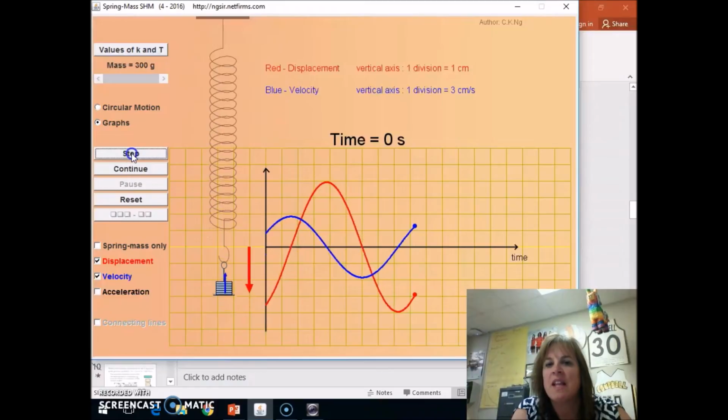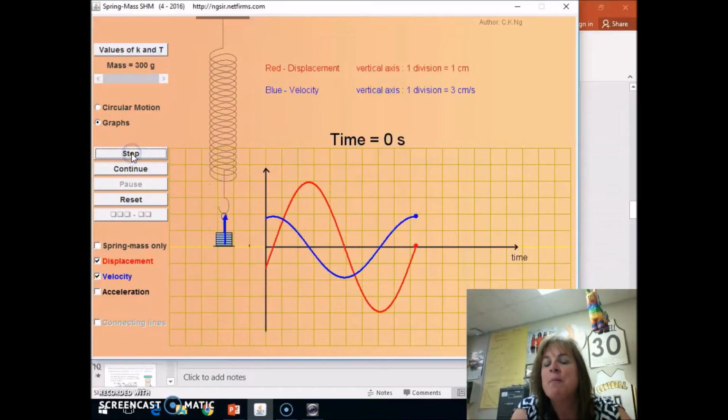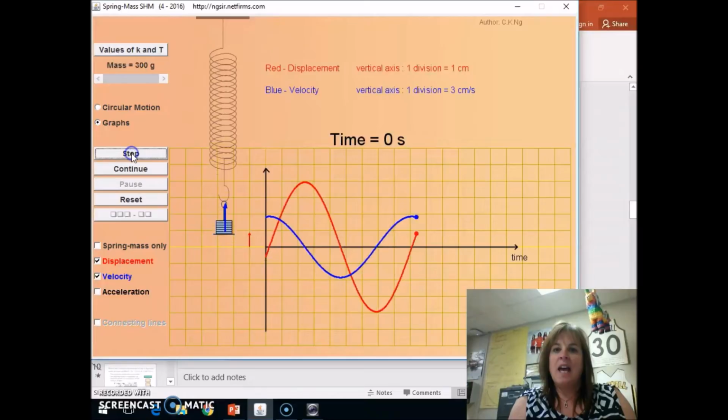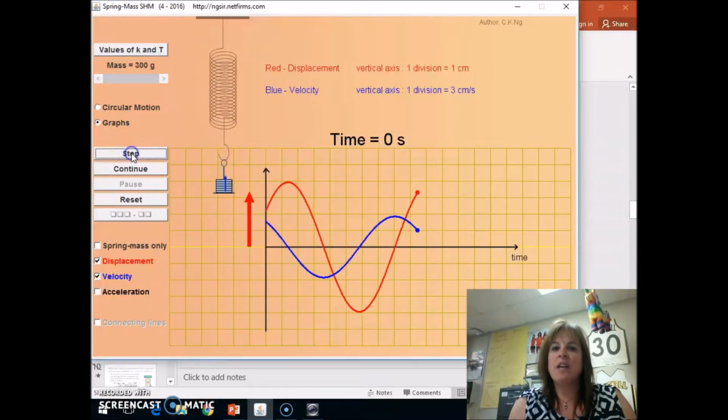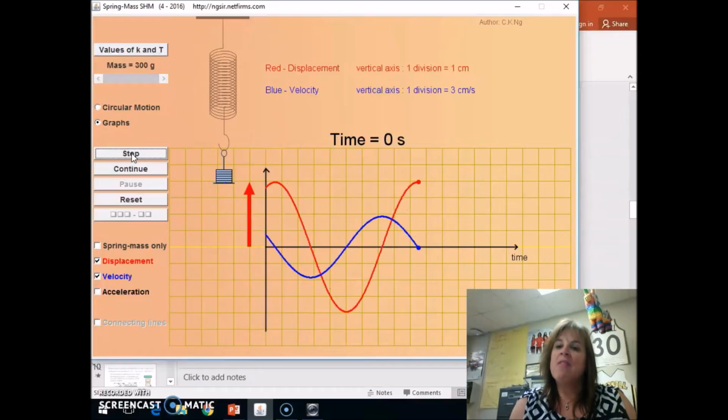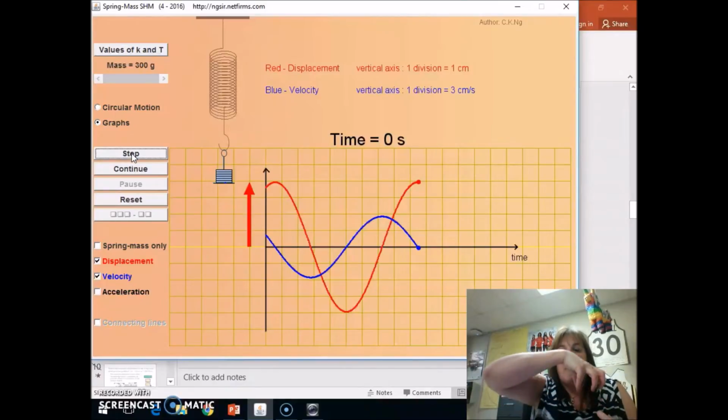But notice that the velocity speeds up and reaches a maximum when I'm at the equilibrium position. So I'm speeding up till I get to that equilibrium position, and now as I pass through that equilibrium position, I'm slowing back down till I get to the amplitude. And that's because the force, right, as soon as I get through that equilibrium position, then the force is trying to pull me back.